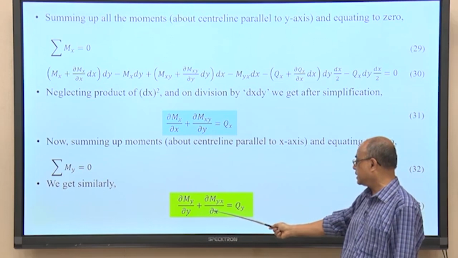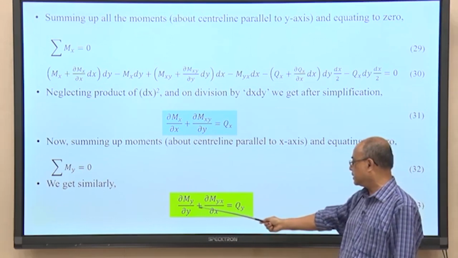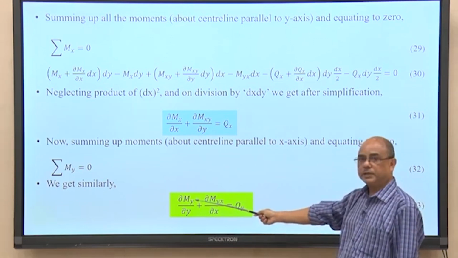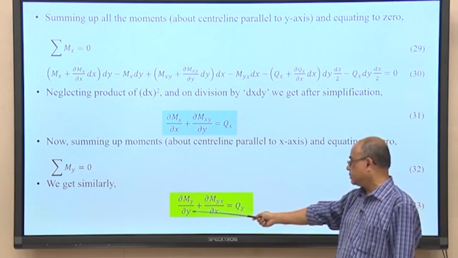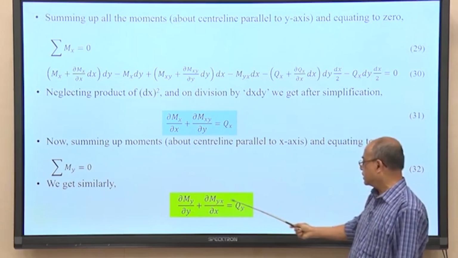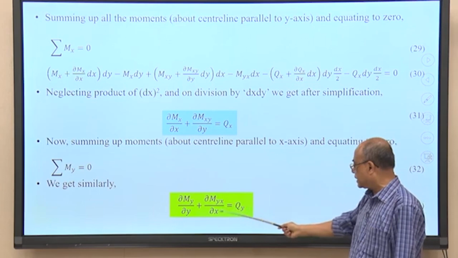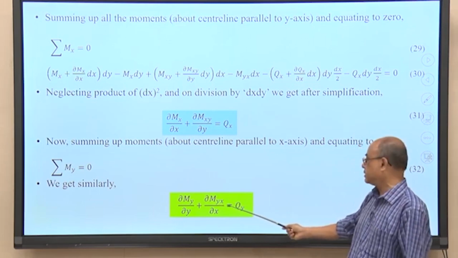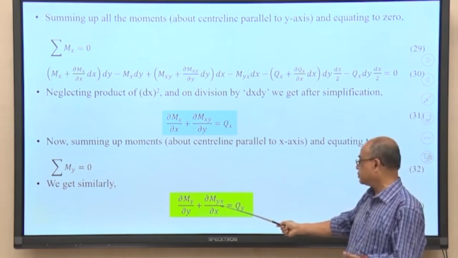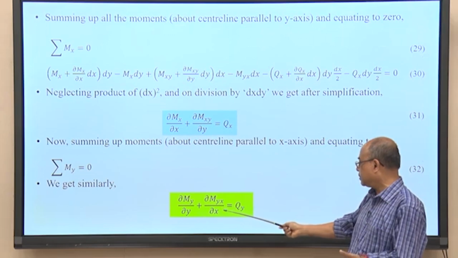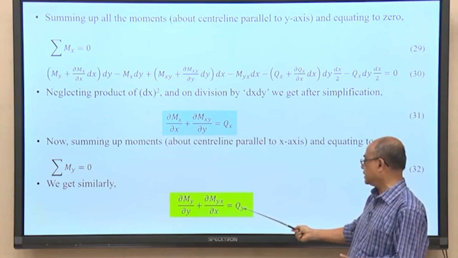Similarly, the rate of change of bending moment along y axis with respect to y is equal to Qy, but an added term is there because of the twisting effect, the rate of change of twisting moment along the x direction. So, you are getting the Qy.